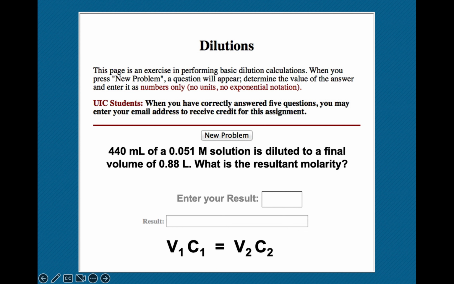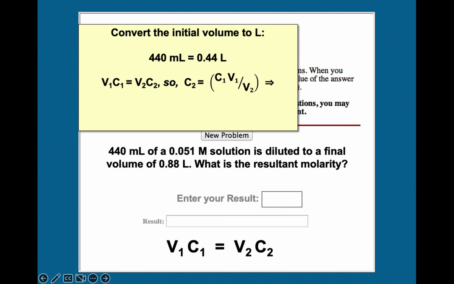So we're solving for C2. C1 V1 over V2. Simply substitute. Do our simple math. 0.026 molar. Any questions?